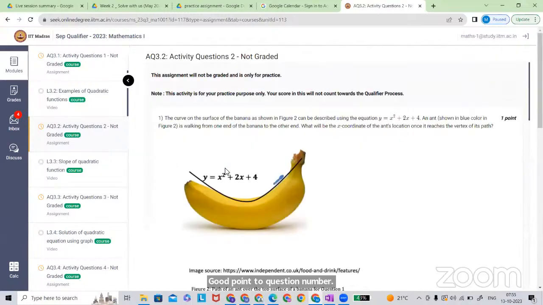Let me tell you, I'm suggesting that you solve the practice assignment, because if you submit it, you will get bonus marks. This is for term students, not for qualifier students. Qualifier students will not be benefited by submitting the practice.